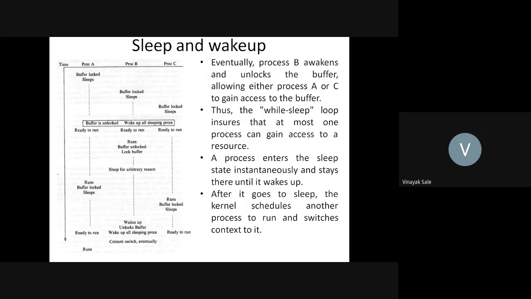So eventually process B awakens and unlocks the buffer, allowing either process A or C to gain access to the buffer. Thus, while the sleep loop ensures that at most one process can gain access to a resource, a process enters the sleep state instantaneously and stays there until it wakes up.